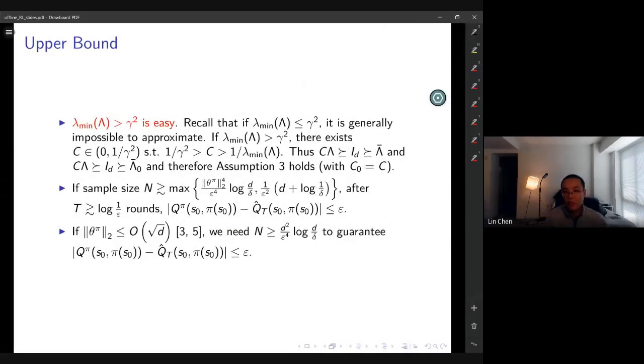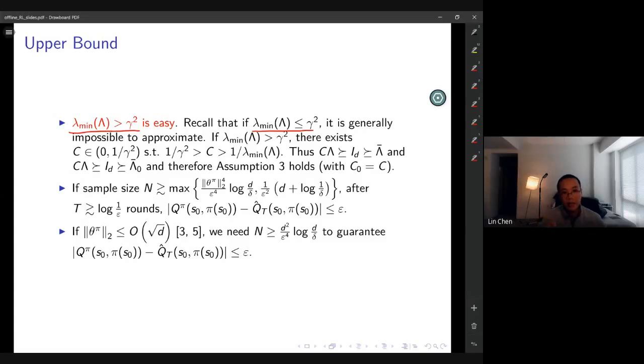The assumption of the upper bound is basically that lambda min of lambda is greater than gamma squared. Recall that if lambda min of lambda is upper bounded by gamma squared, then it is generally impossible to approximate due to our lower bound result.